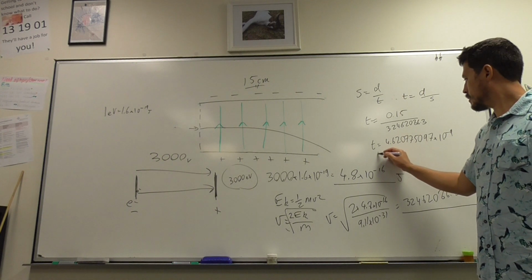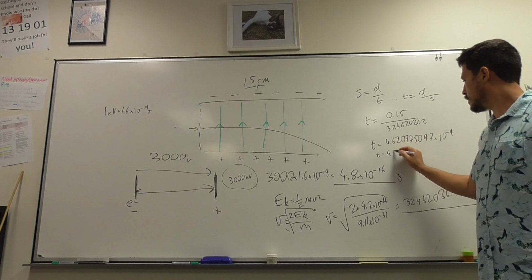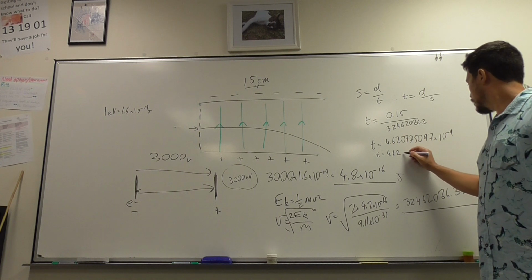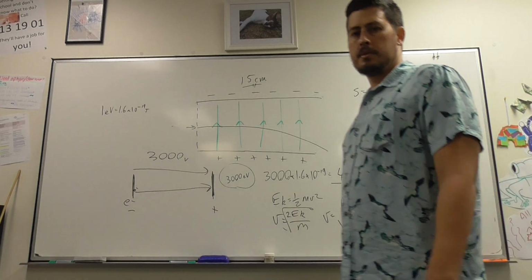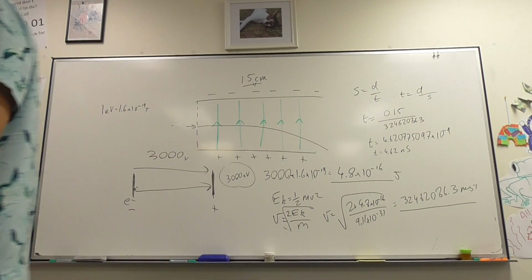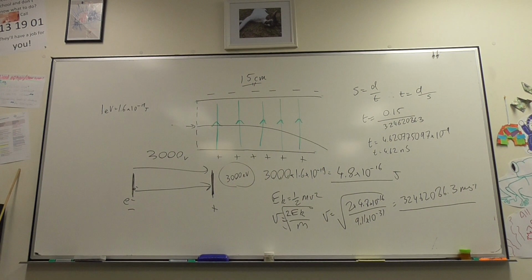Picoseconds. So time is equal to 4.62 nanoseconds, because nano is by 10 to the negative 9. Newton seconds. It's a small n, Cassius. It's a big n. It's a joke, sir. All units are big. Meters per second. Okay.